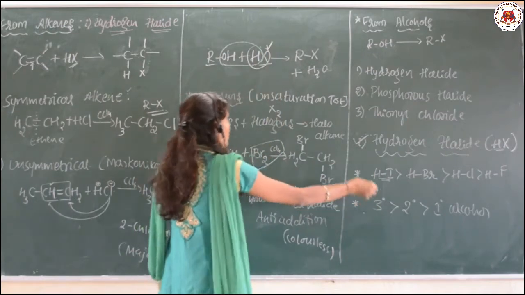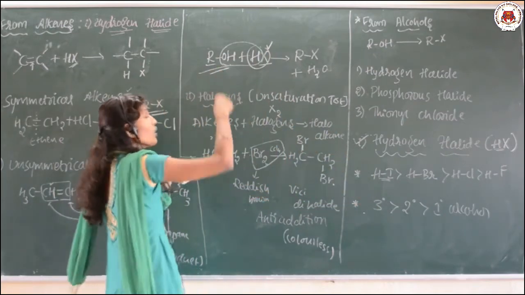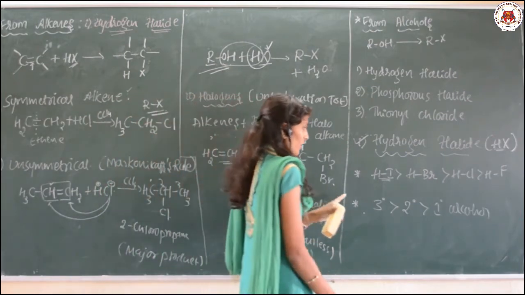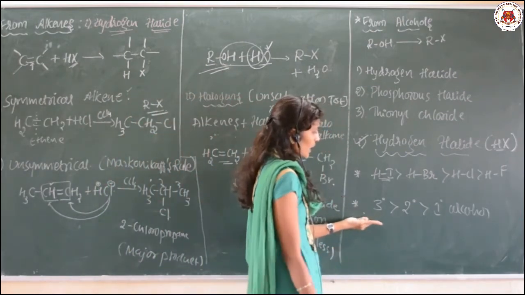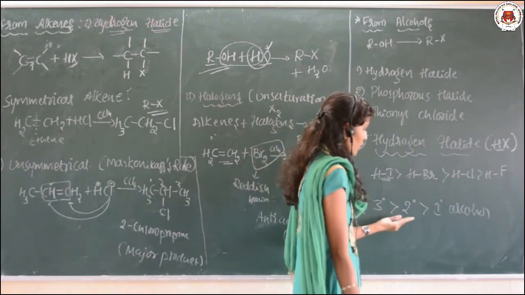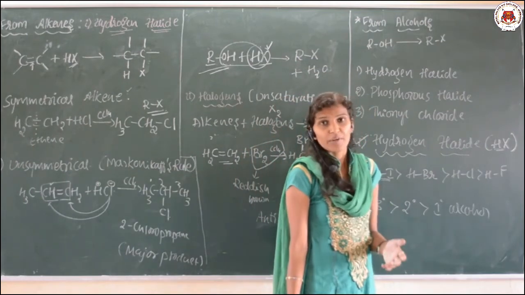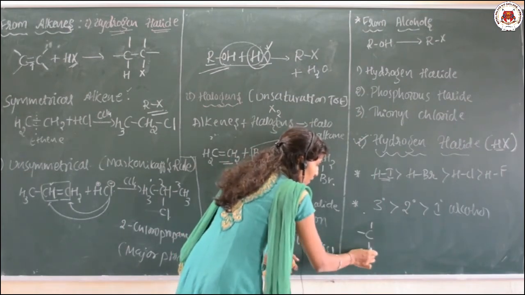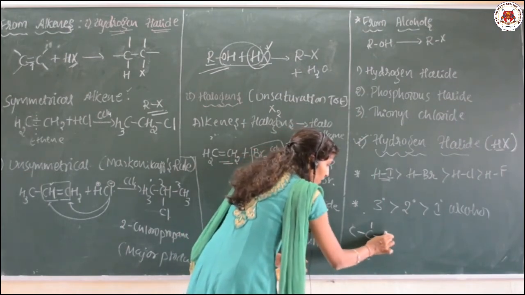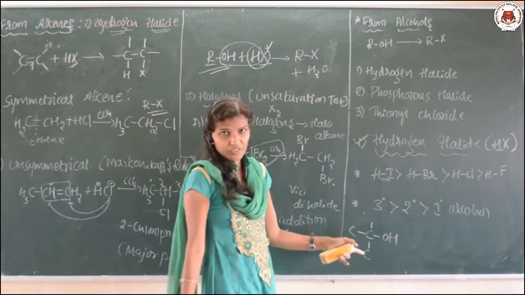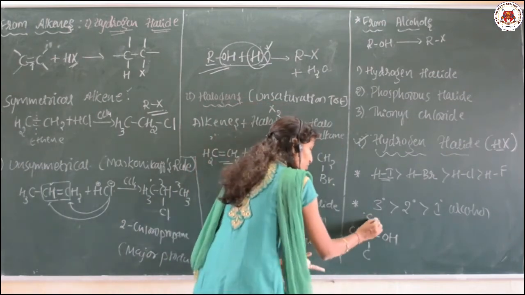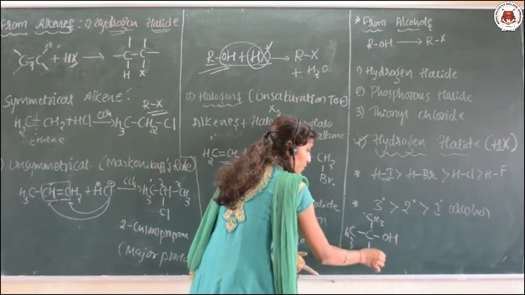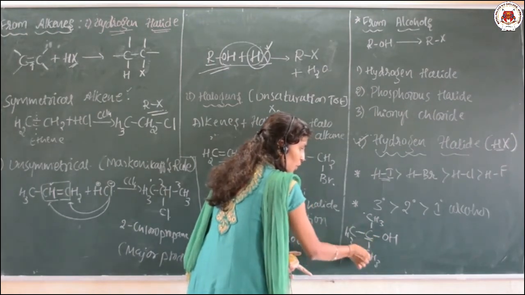The second point is to talk about the reactivity of the alcohol. Here always tertiary alcohol is more reactive than the secondary, than the primary alcohol. Tertiary means the carbon which is attached to the OH group must be attached to three further carbons, like this: 1, 2, 3, tertiary.